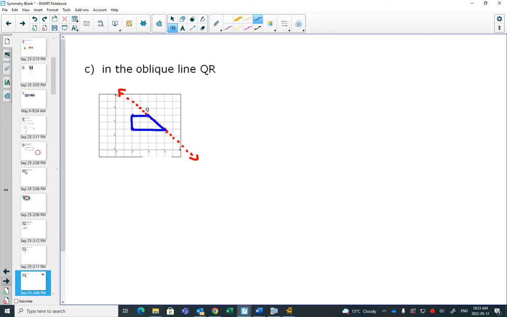Now you're going to reflect over a diagonal line. For example, let's look at this green point right here. Can you see that straight to the diagonal line would be like this? And so straight across that point would be there.